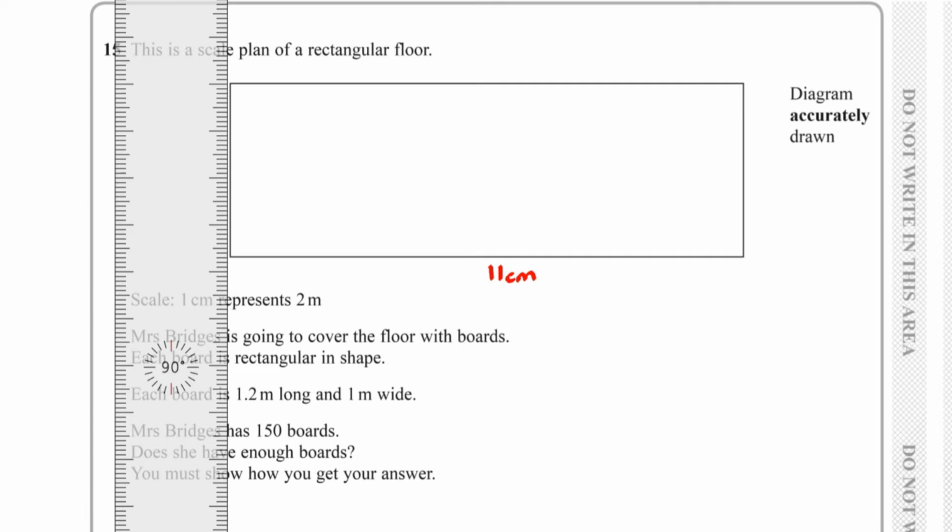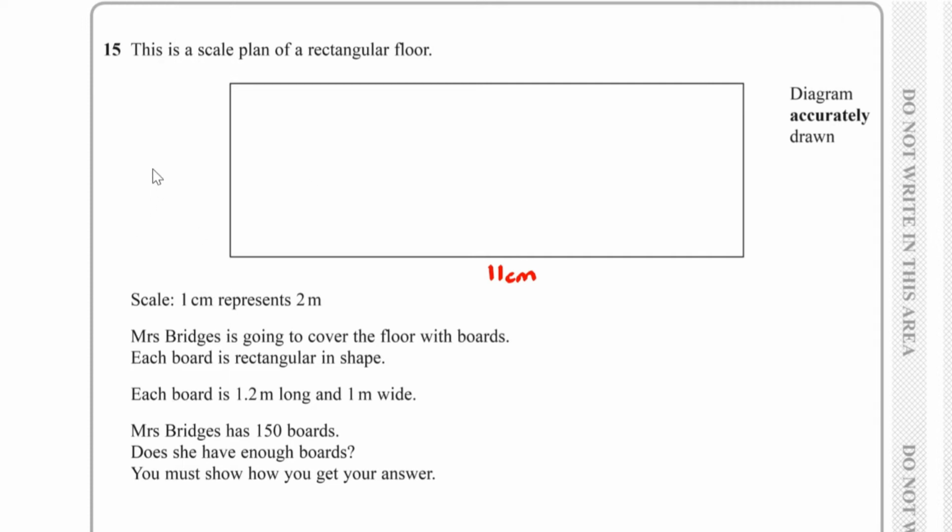We'll call it 3.5. Now what we can do with this information is find out the real length. So if 1 centimeter represents 2 meters, we need to multiply these by 2. So here I've got the real length being 7 meters this way, and here we've got 22 meters this way.